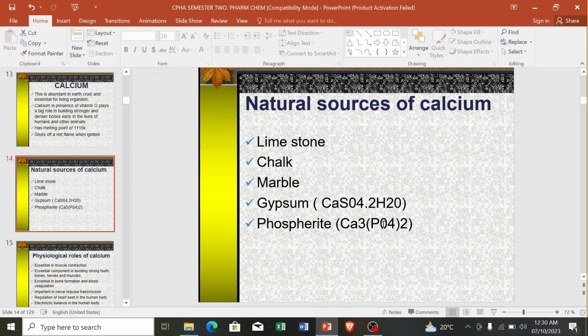And we have put this bracket to indicate that this 2 is affecting both letter P, which is phosphorus, and O, which is oxygen, making phosphate. So this phosphorite is a mixture of calcium and a phosphate, giving us this, and this is a mineral where we can find calcium. So these are 5 sources of calcium.